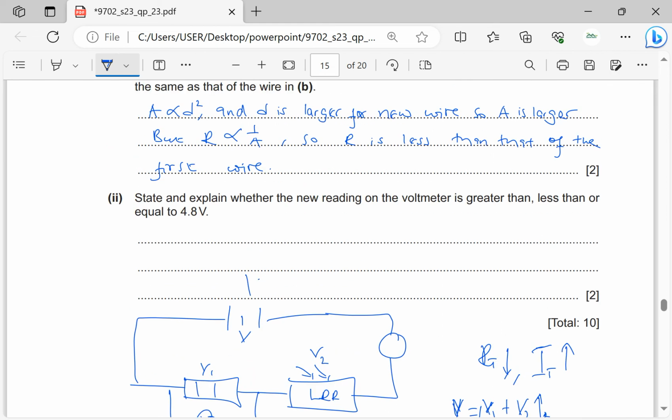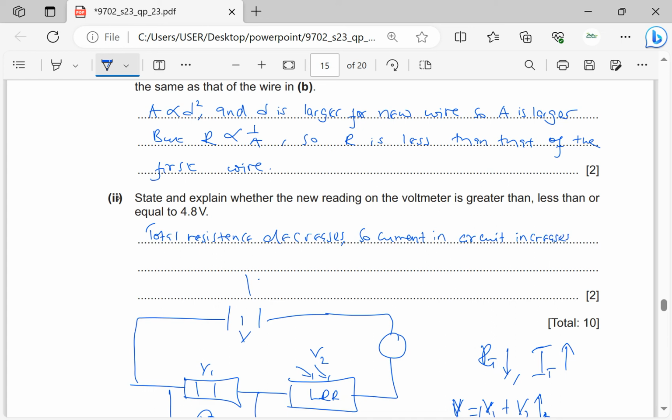Therefore, we are saying total resistance decreases, and if total resistance decreases, it means the current in the circuit increases.